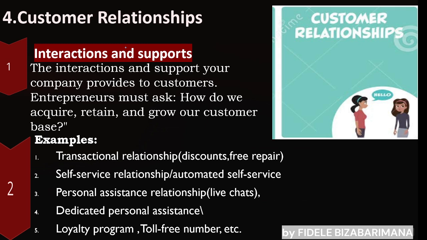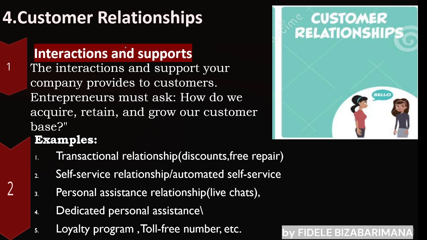Examples include transactional relationship, including discounts, free repair for goods that need repair, like a smartphone, solar panels, etc. Then you give them a chance for self-service, or you give them automated self-service.